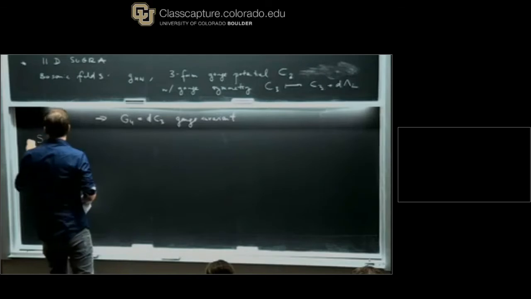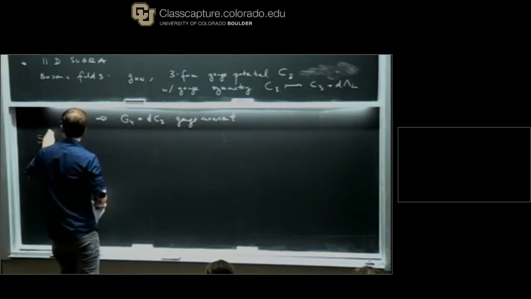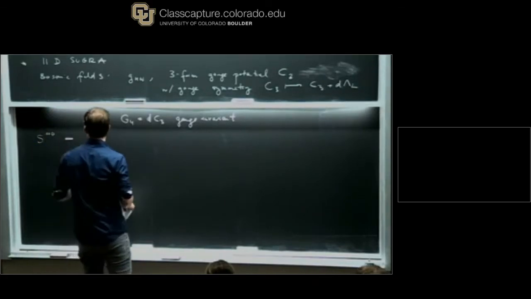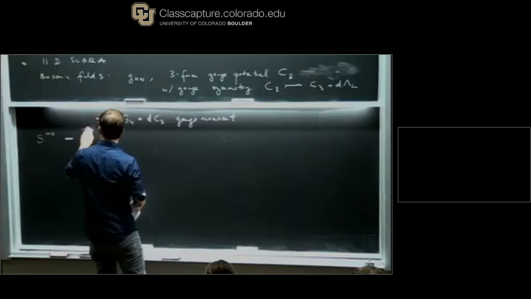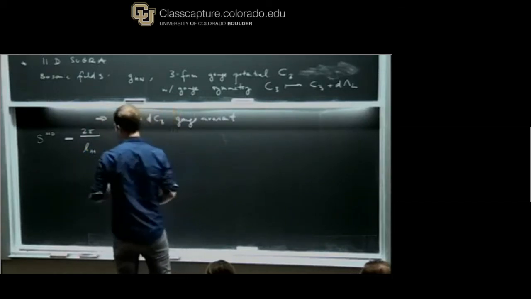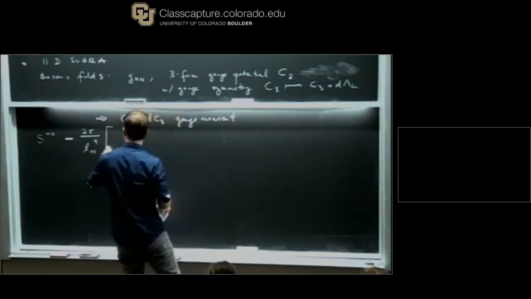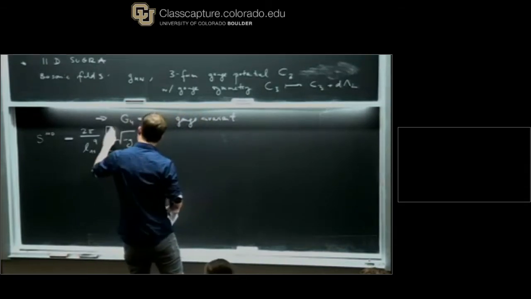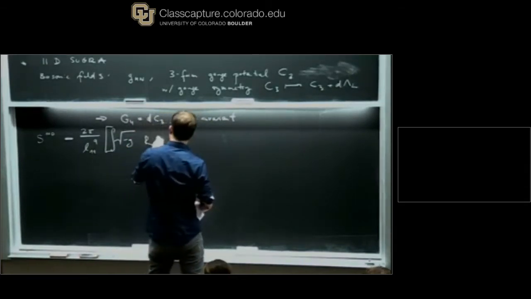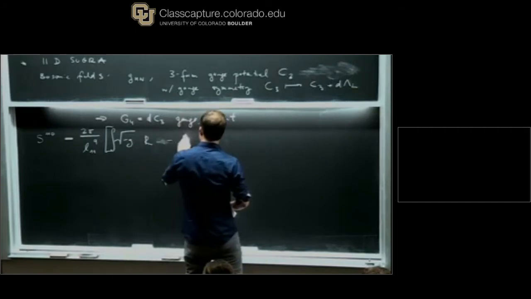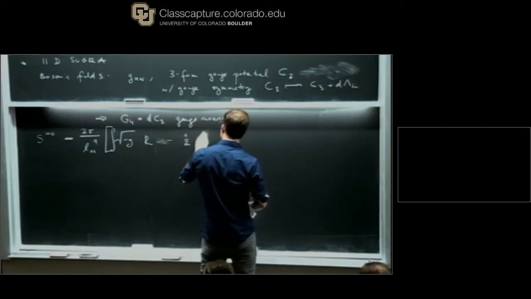So the effective action in 11 dimensions is at the bosonic level 2 pi over the characteristic length scale in 11 dimensions, L11, to the power of 9. And then we have the Einstein-Hilbert term. We have the kinetic term for the gauge potential.